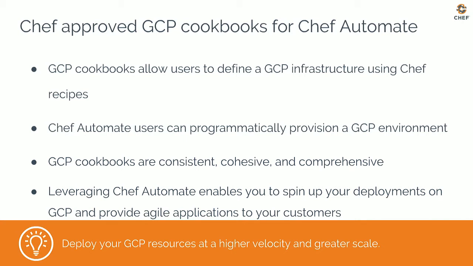We have a standard list, and GCP walked through the whole process. It works directly with Chef Automate, our whole suite of products, to drive this. We want to make sure it is clear that these are the best practices of what we are looking to do from Chef and also from Google.